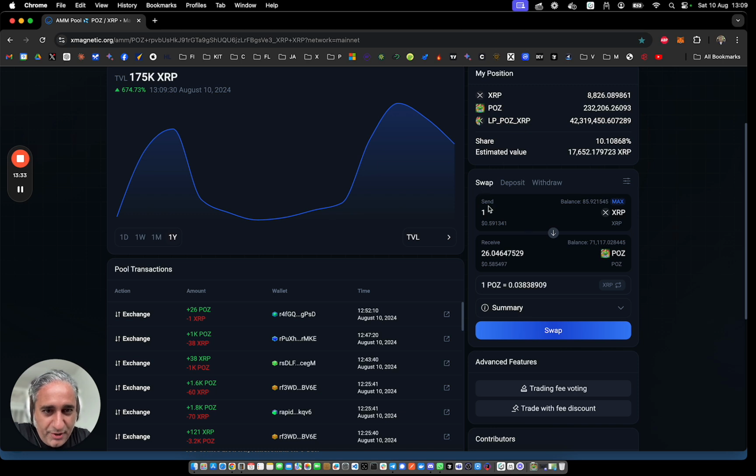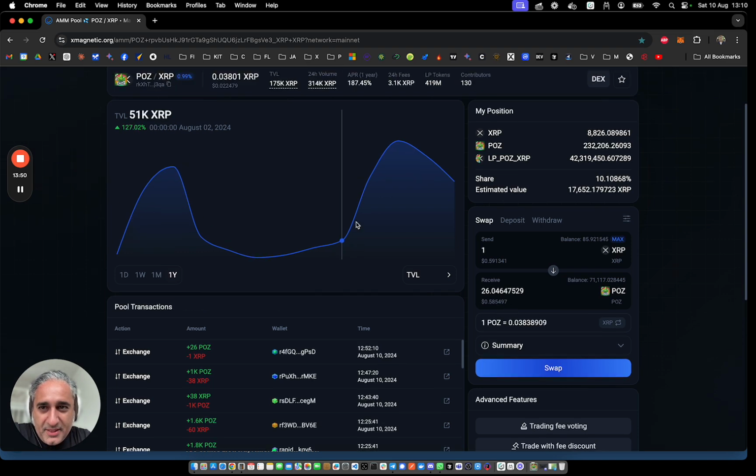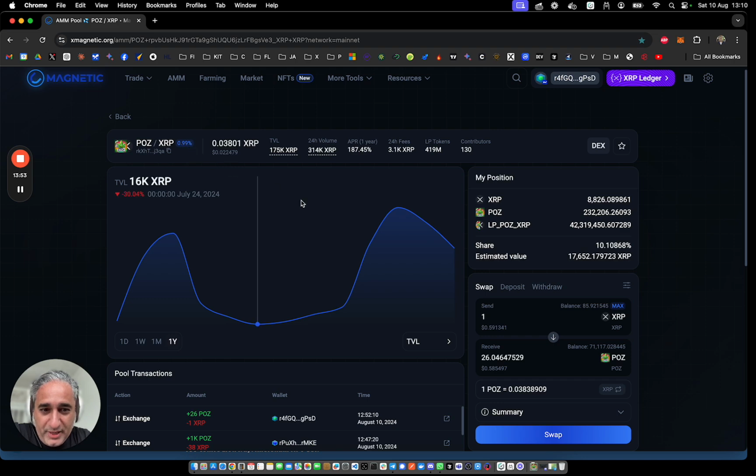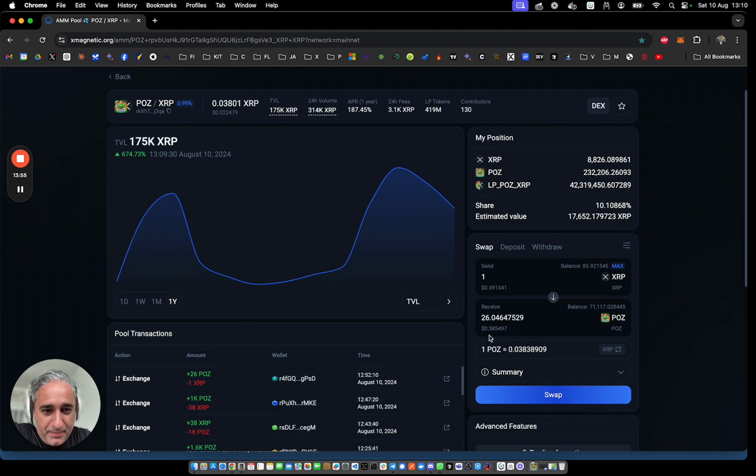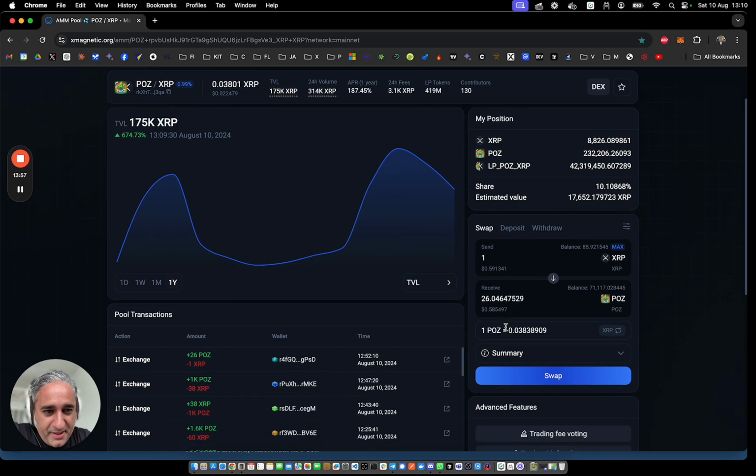So in this case, if I do a 1 XRP swap against the pool, I will receive 26 POS. You can see that the value that I'm putting in is about 59 cents, and I'm getting about 58.5 cents back. That's because of the 1% fee, or 0.99% in this instance.